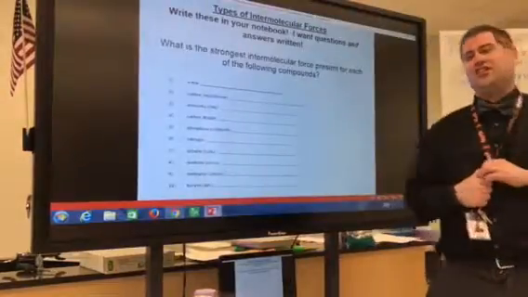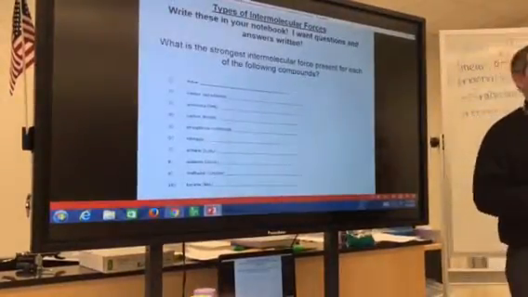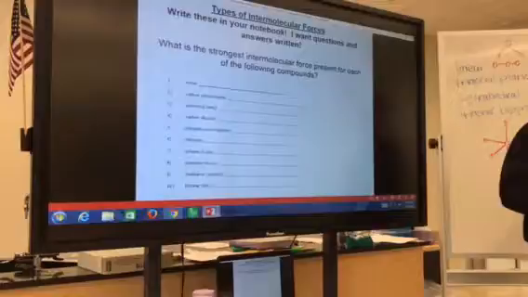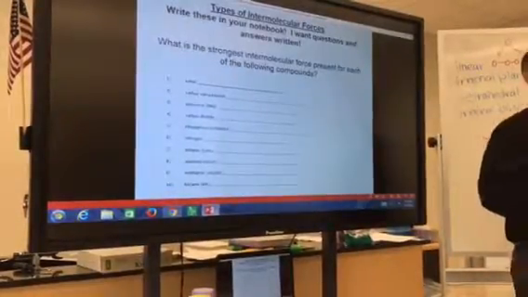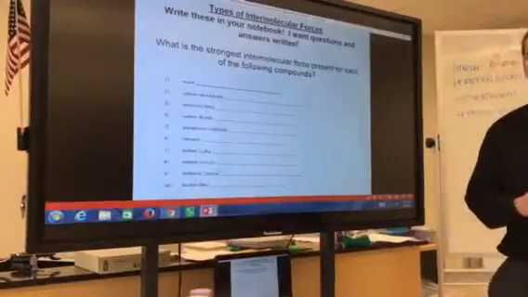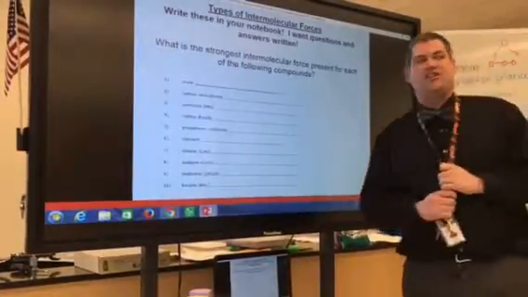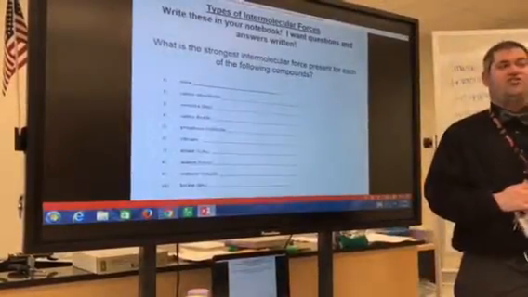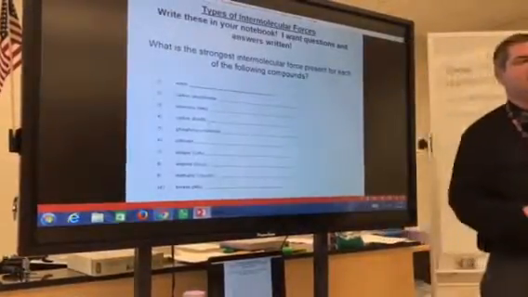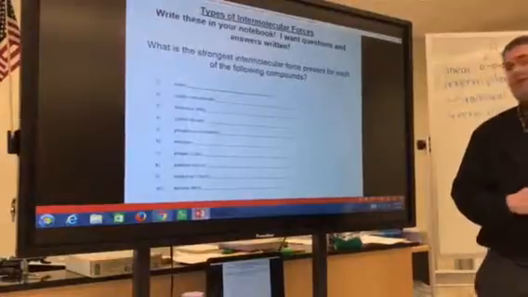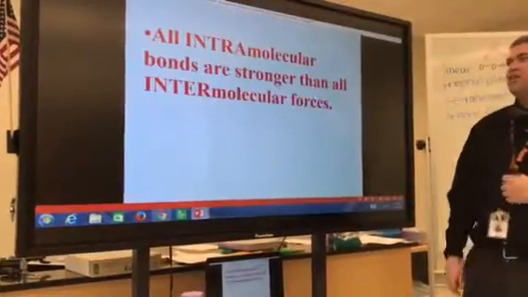Write these down and turn these in. I will actually check for accuracy with these 10. So make sure to go through the Lewis dot, check the polarity. If they're polar and have a hydrogen with one of those three main electronegative atoms, it's going to be hydrogen bonding. If it's nonpolar, you know what type of force it's going to be.